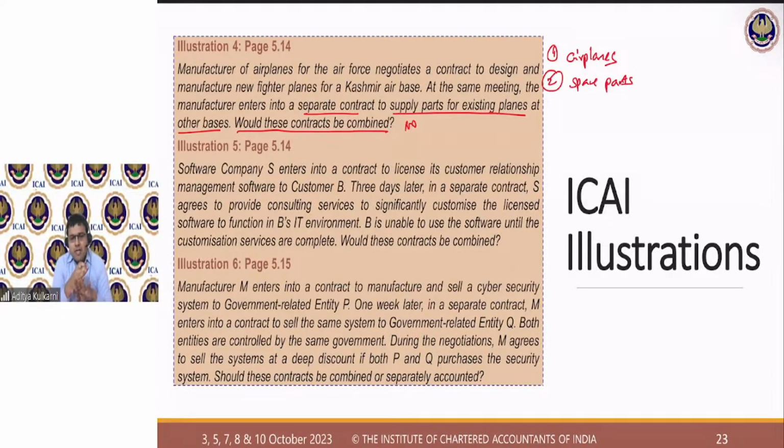If they are entered into by way of different contracts, a purchase contract for the flat is different, a maintenance contract is different, there is no need for us to combine both of them because they are different from each other. Okay, so that is how you will understand. It's a very, very judgmental standard.